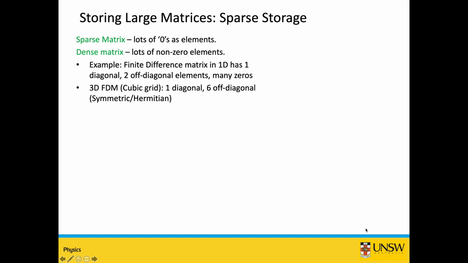If you have a lot of zeros, then you can actually save a lot of memory by ignoring the zeros, but keeping track of where those zeros were, right? The finite difference matrix in 1D is an example of this. You saw that there are actually 3 elements per row, and there are many zeros. So you don't actually need to store these zeros. You can just store 3 elements per row, and still you can solve your problems.